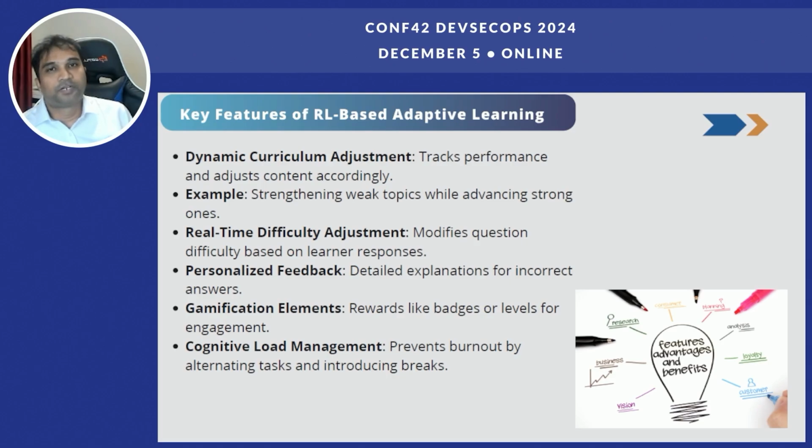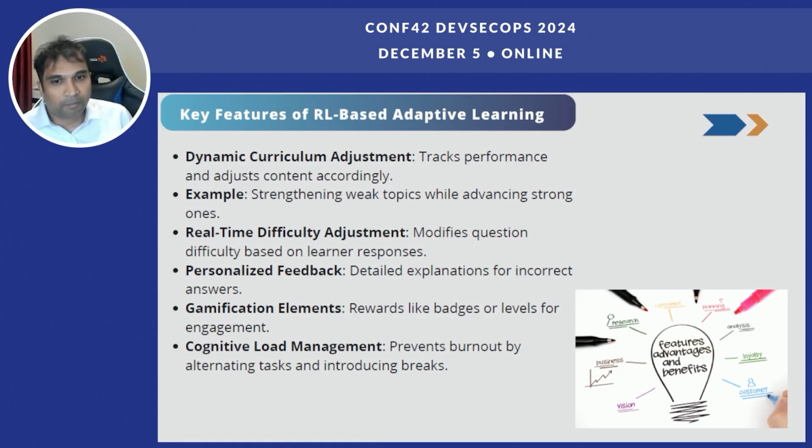Another exciting feature is the gamification element. Learners earn rewards like badges, points, or levels for their progress, which boosts engagement and motivation by turning learning into a more enjoyable and rewarding experience. And then finally, we have cognitive load management. This is crucial for preventing burnout.